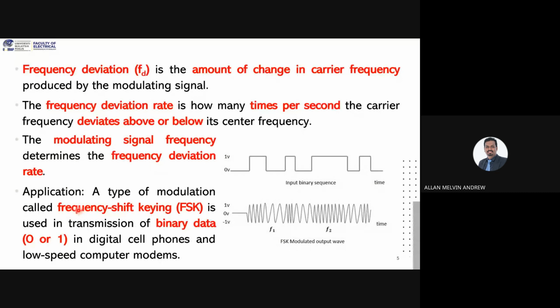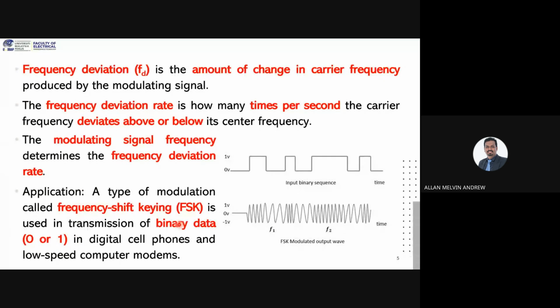Okay, applications. A type of modulation called frequency shift keying, or FSK, is used in transmission of binary data. Binary data we know is 0 and 1. Usually our phone and whatever digital devices use a combination of zeros and ones. That's what we call binary data.